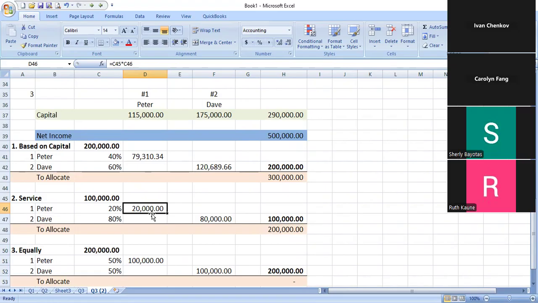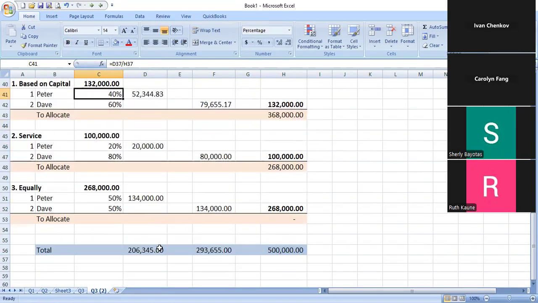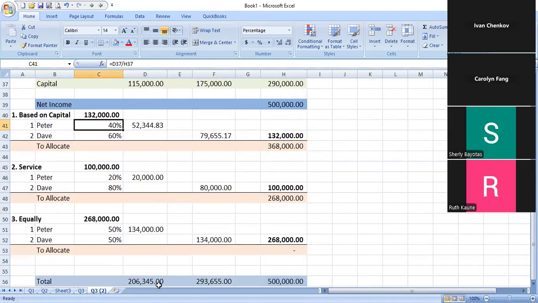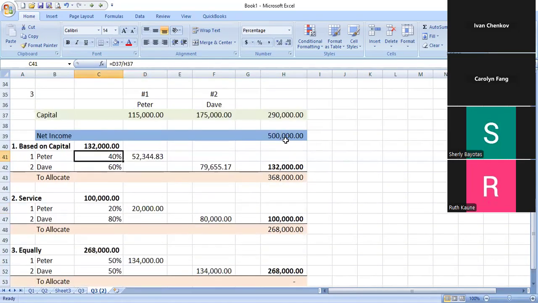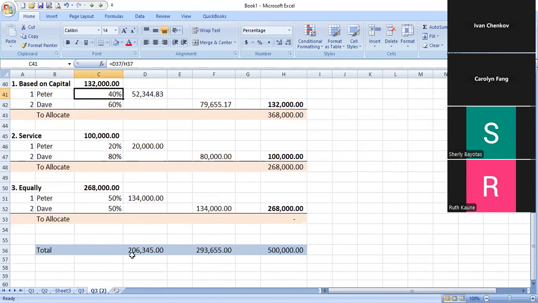So if the partnership is earning just about enough to cover what they want, let's go with 132,000, the original case here, and as you can see, Peter's portion even gets higher. So on the high income, Peter is getting more in his capital because more is left for the 50-50. So he's banking on the 50-50 here.